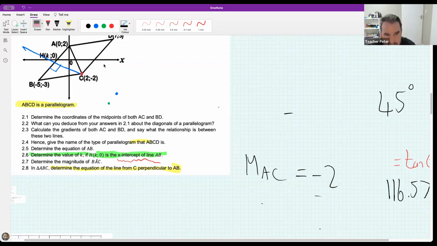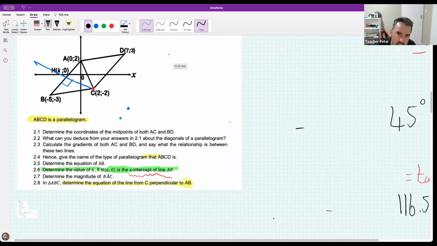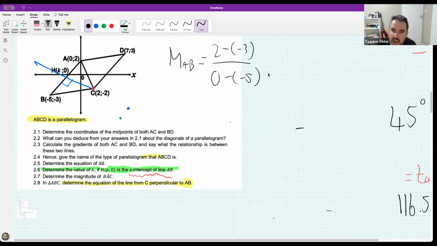Even though the midpoint is very tempting, it doesn't say the midpoint. But do we have the gradient of AB? Have we worked out the gradient of AB earlier on in the question? I think we did. I'll do it again just to make sure, but I'm pretty sure earlier in the question, I worked out that the gradient of AB was 1.